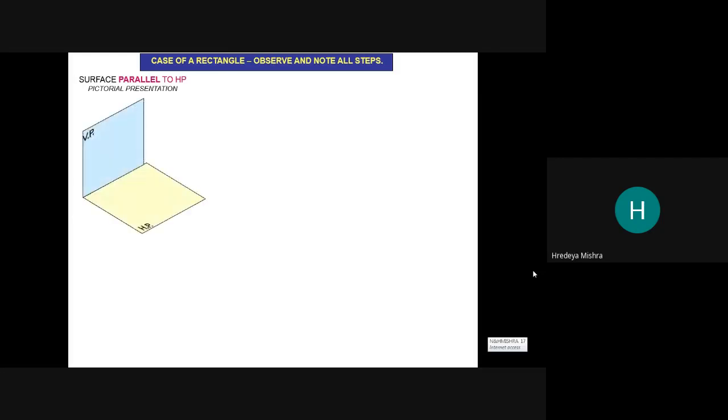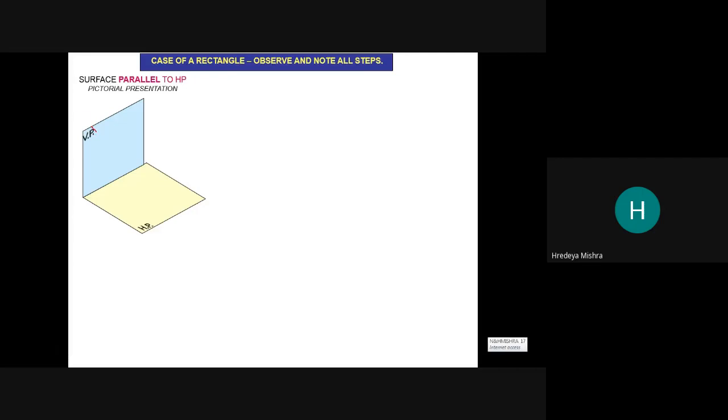Now, we will be discussing the cases. All the cases are discussed with reference to the first coordinate here. It is given here a plane.